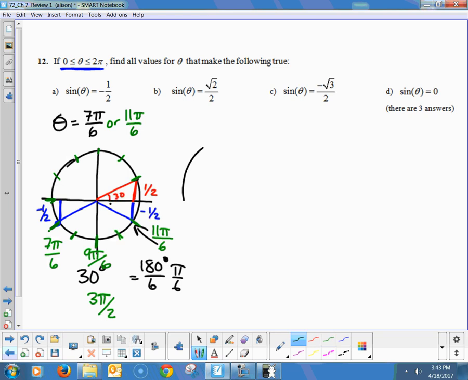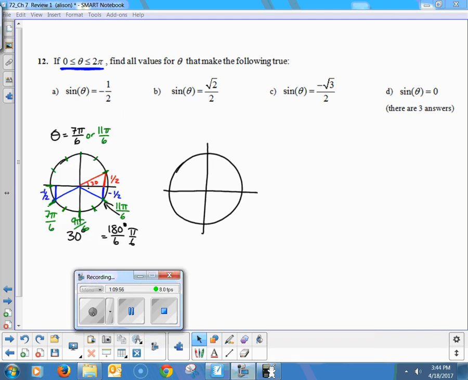Alrighty, B. Where is the sine root 2 over 2? Alright, well, for starters, the sine is a positive value. So we have a positive y value that's root 2 over 2. That seems special. Seems to me like that's a 45, 45, 90. So maybe if this is a 45-degree angle, 45 is 1/4 of pi.